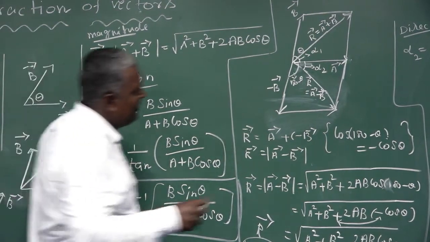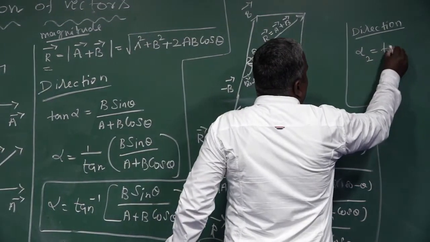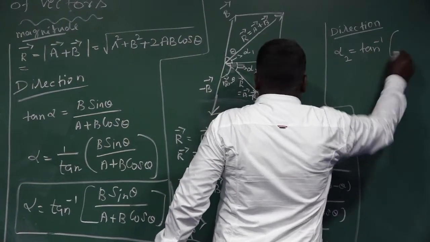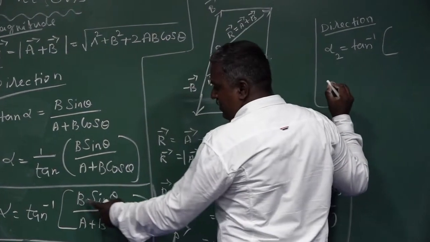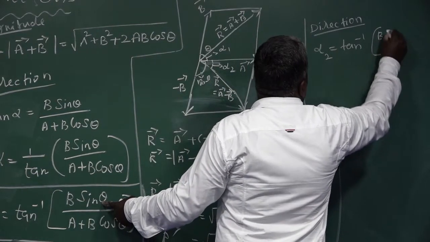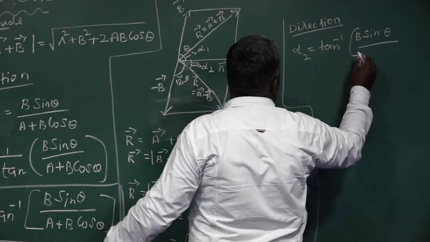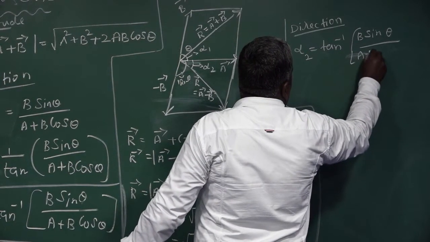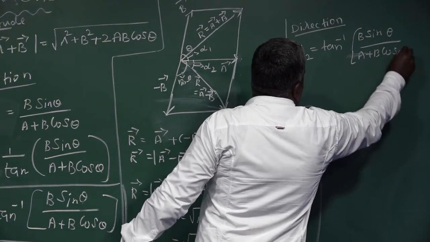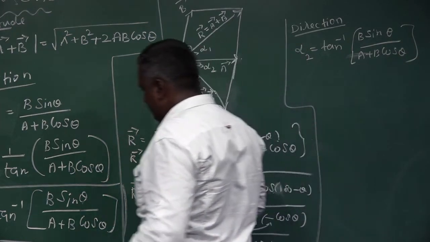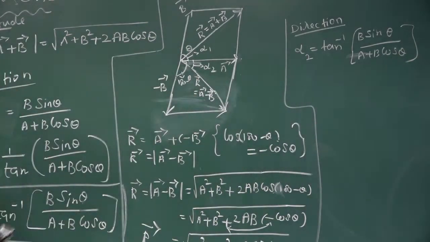So tan inverse of B sin theta by A plus B cos theta in addition of vectors.